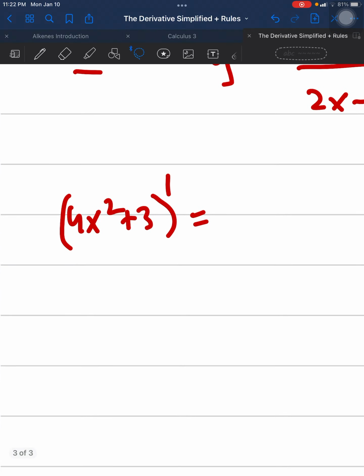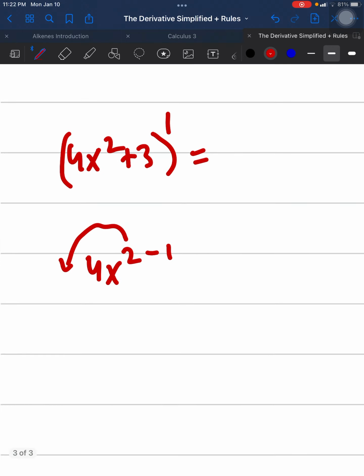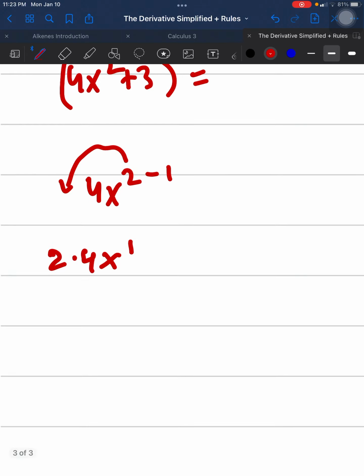So the derivative of 4x squared, we just bring the 2 out into the front, then we subtract 1. So there's going to be two coefficients, the 2 and the 4 that was already there, then x, then 2 minus 1 is just 1.